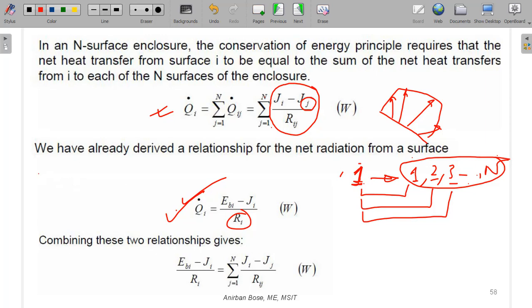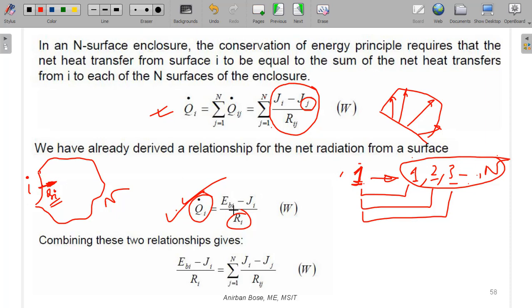Combining these two, if the situation is a non-black surface, say i, and from this non-black surface there is an enclosure with a total of n surfaces present, then the equivalent thermal circuit will be like this: initially the surface resistance, where Qi comes out of the surface.